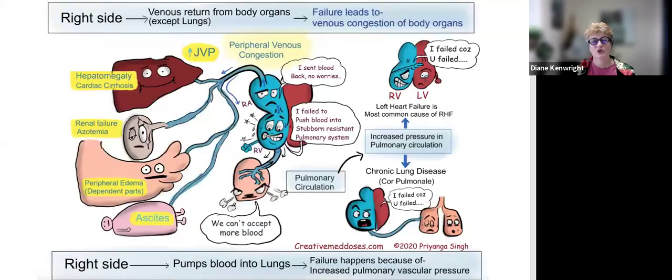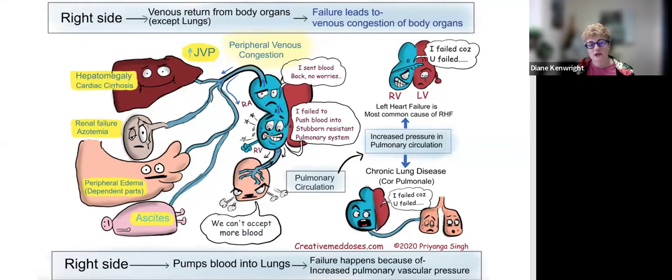In contrast to the right-sided heart failure, so right-sided heart failure is due to abnormal venous return from body organs, and failure leads to congestion of body organs, knowing that the most common cause of right-sided heart failure is in fact left-sided heart failure.